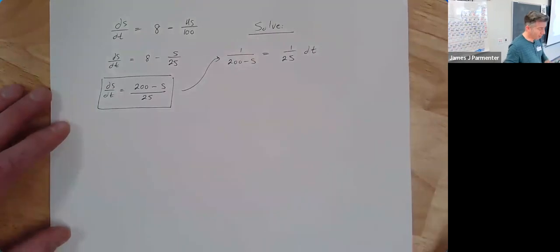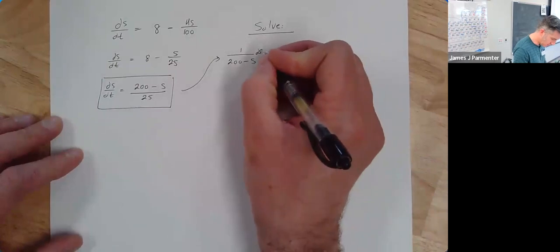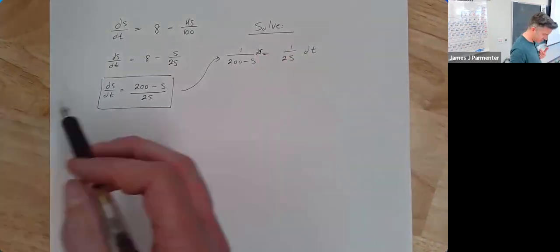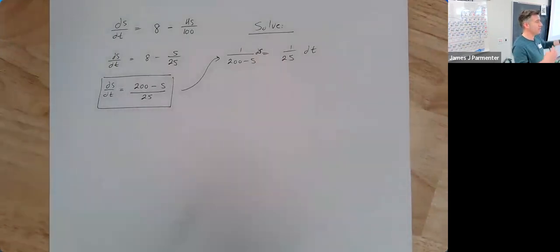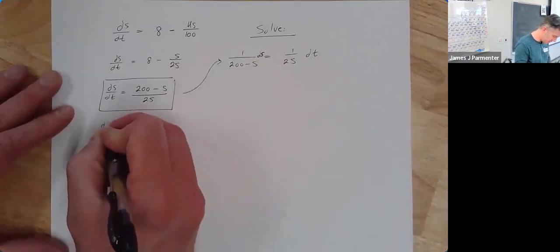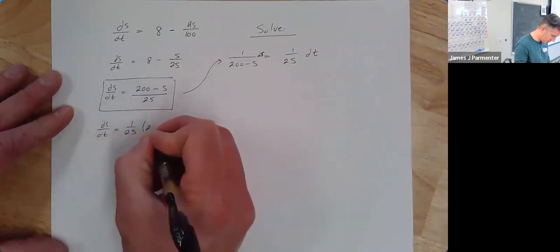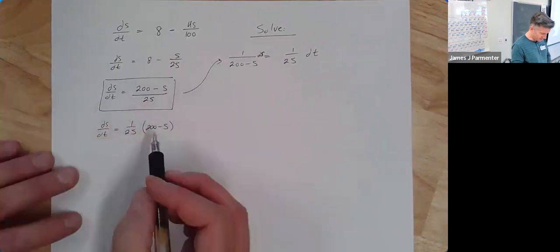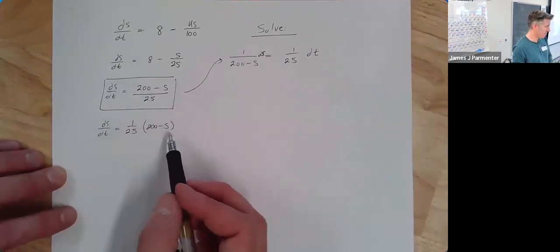Why do we do that? Oh, you know what? I forgot one thing. I forgot the ds here. The reason we're doing that is because if we have ds/dt on the left, our preference would be to bring all the s's to the left-hand side and all the t's to the right-hand side. But we're only really allowed to multiply or divide. So what I'm really saying is ds/dt is equal to 1 over 25 times (200 minus s). And the only way I can get that s over to the left is along with the 200. They can't really be broken up.